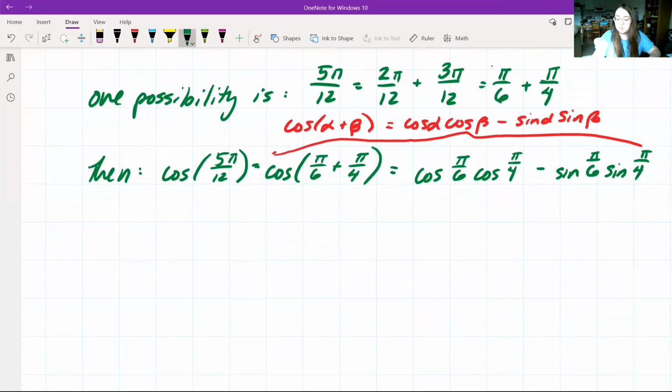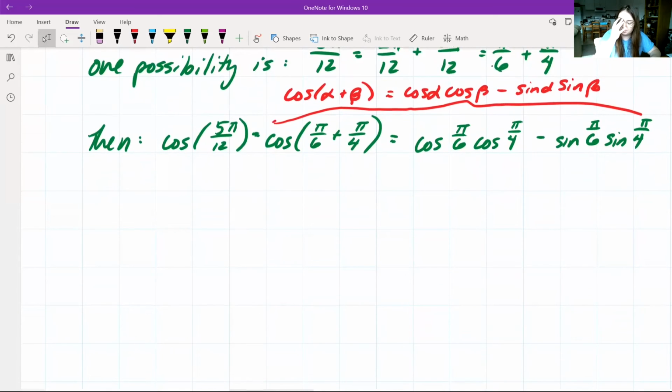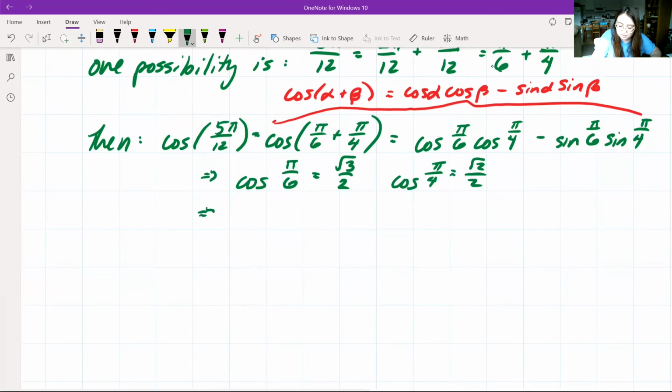Now all we need to do is solve for our new values. So really quickly, we can state what each one of these values are. Cosine of pi over 6 is going to be the square root of 3 over 2. Cosine of pi over 4 is equal to the square root of 2 over 2. Sine of pi over 6 is equal to 1/2. And sine of pi over 4 is equal to the square root of 2 over 2.